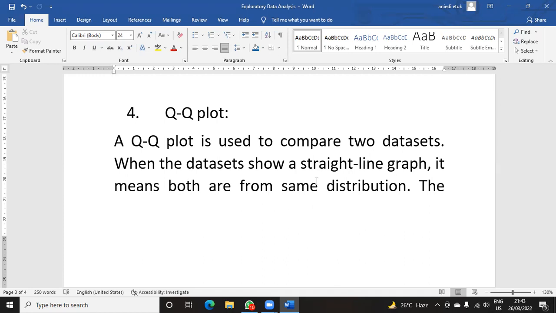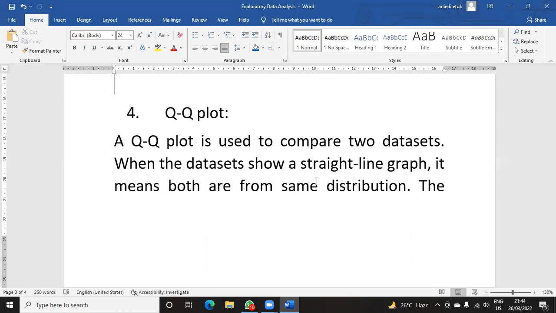Either plotted against a normal distribution or plotted against a population that is already known to be normally distributed. You understand? It will now become QN, quantile normal.